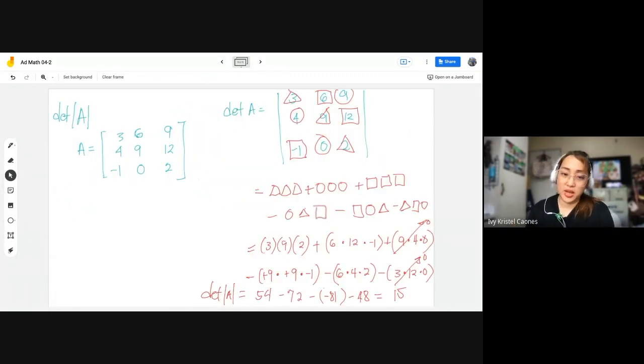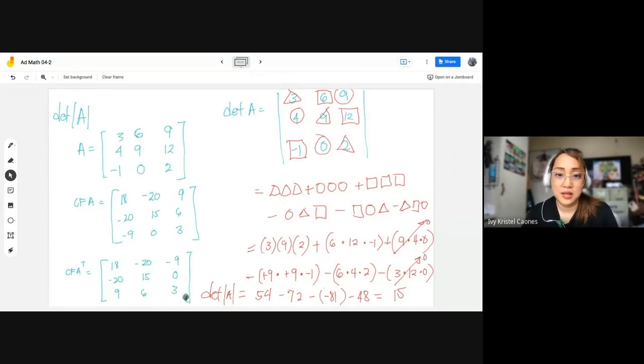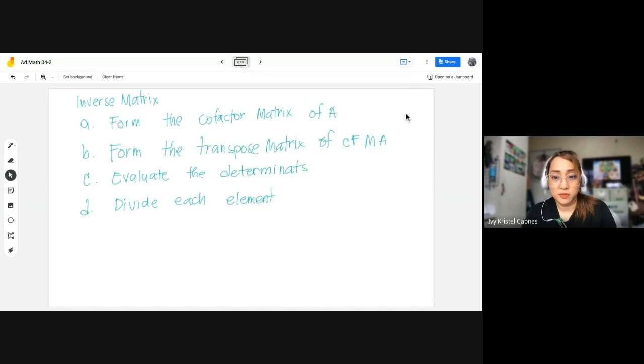So that is the cofactor of A. Then next you are going to transpose. So that is 18, negative 20, 9, then negative 20, 15, 6, negative 9, 0, 3. That is the second step: form the transpose matrix of the cofactor matrix of A.